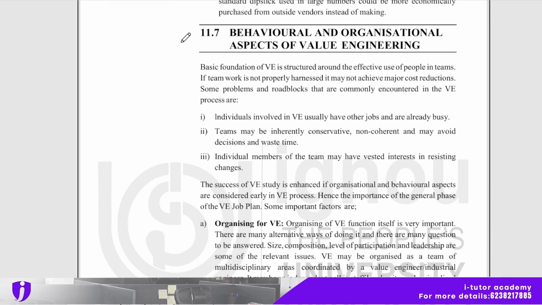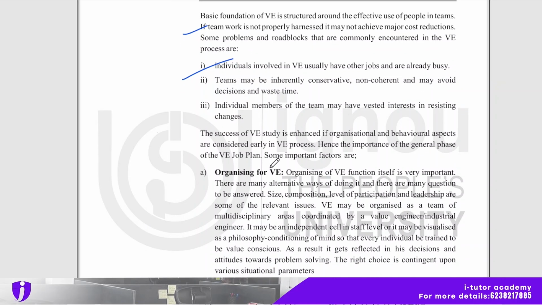Okay, next is the behavioral and organizational aspect of value engineering. The basic foundation of value engineering is structured around the effective use of people in a team. If teamwork is not properly harnessed, it may not achieve major cost reduction. Some problems and roadblocks commonly encountered in the value engineering process are: individuals involved in value engineering usually have other jobs and are already busy, and the team may be inherently conservative, non-coherent, and may avoid decisions and waste time.